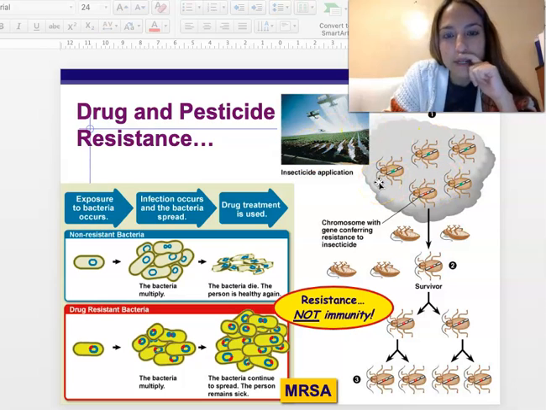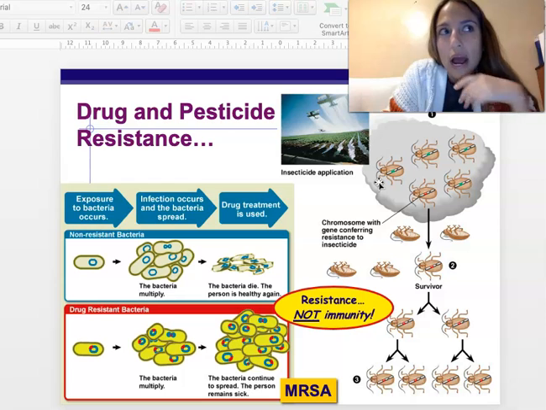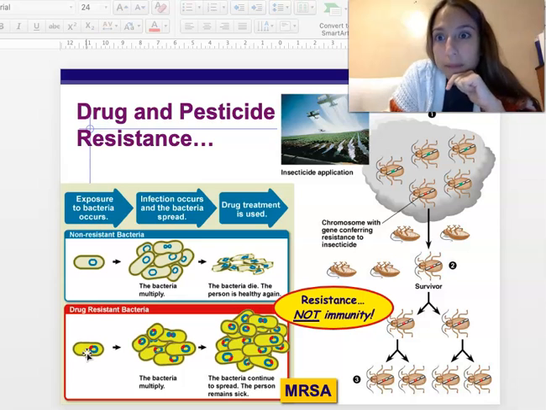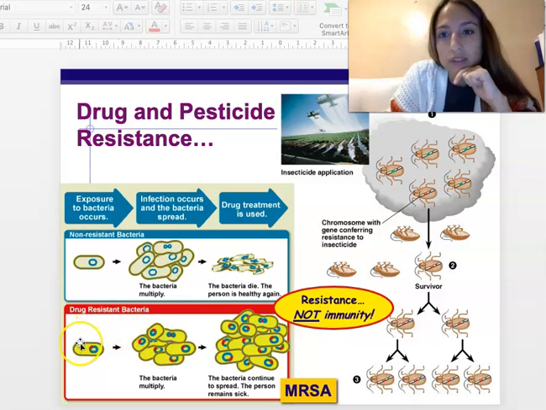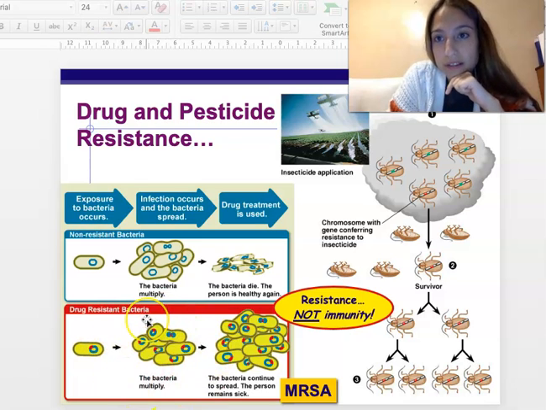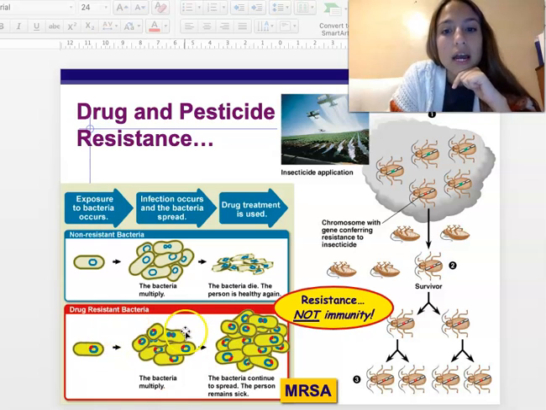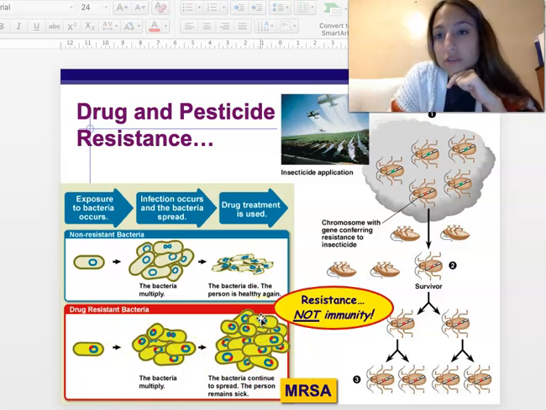So what can happen is that as we are trying to eliminate, let's say, a bacteria right over here with a specific antibiotic, a drug, if one or a couple of the bacteria in that population have resistance towards that drug, natural selection is simply going to favor the bacteria that have the resistance, and eventually those bacteria are going to reproduce much, much more, and the new colony of bacteria that are infecting you are now resistant to that drug or to that antibiotic. So that's how resistance comes into play.